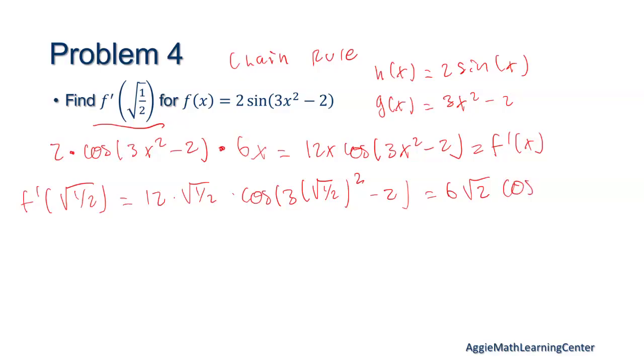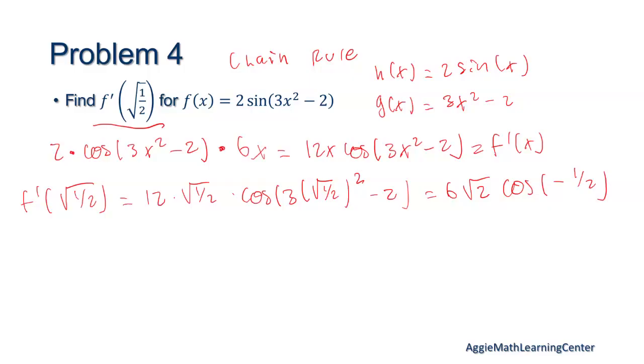We have the cosine of, so when root 1/2 is squared, the root goes away. So you just have 3 times 1/2. 3/2 minus 2 is negative 1/2. And that's as simple as we can get it without a calculator. So that should be the answer.